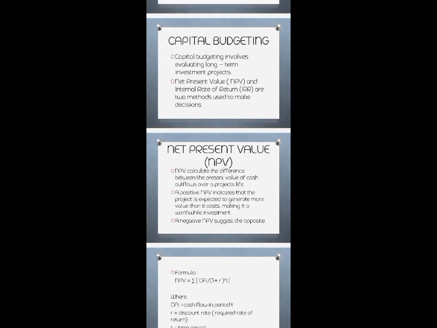A positive NPV indicates that the project is expected to generate more value than it costs. So if the result of NPV is positive, then it is expected to generate more value than it costs.